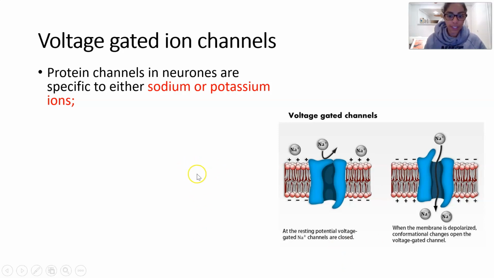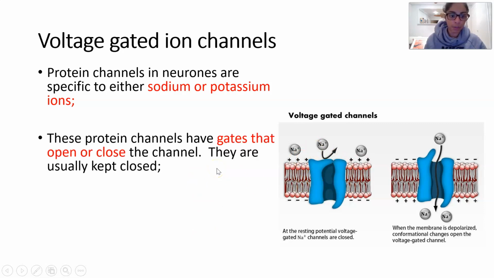These are specific gates, if you like, that will allow the passage of sodium and potassium in the nerve. So these protein channels can remain open or closed. The normal state for them is to remain in this closed position, therefore they don't allow anything through when at rest, hence why we get to maintain a resting potential of -70.